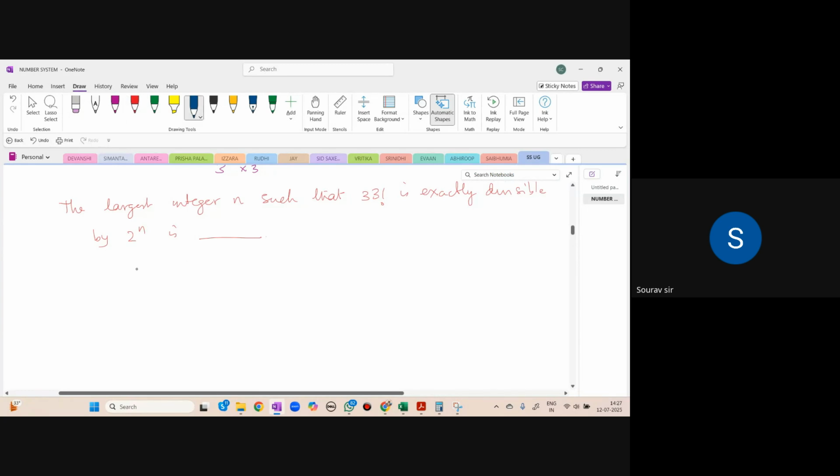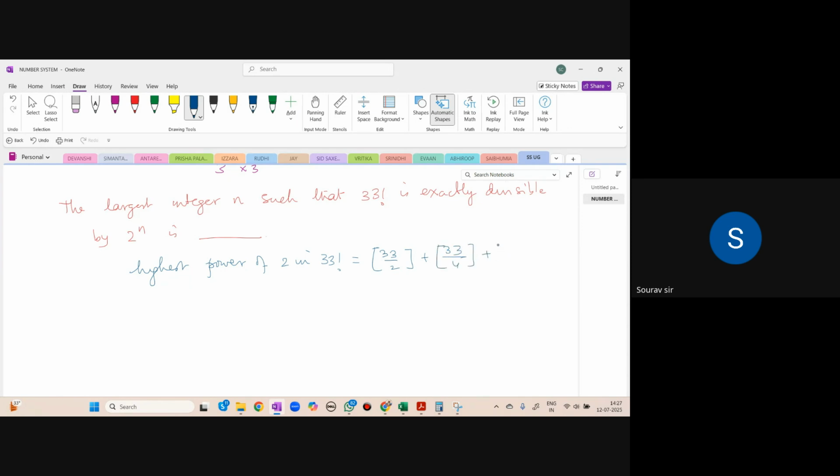Highest power of 2 in factorial 33 is 33 by 2 plus 33 by 4 plus 33 by 8 plus 33 by 16 plus 33 by 32.